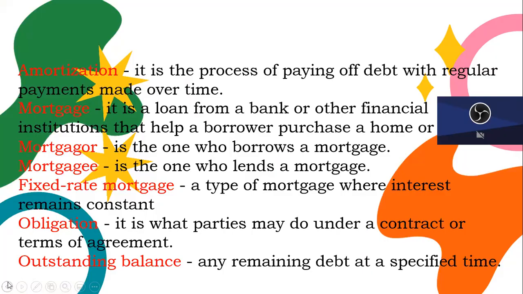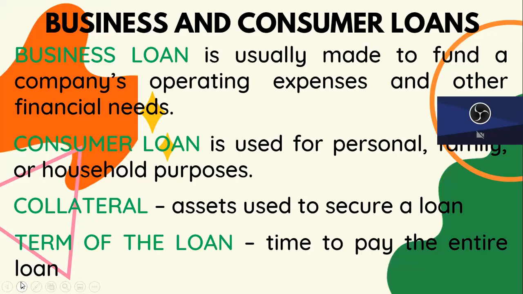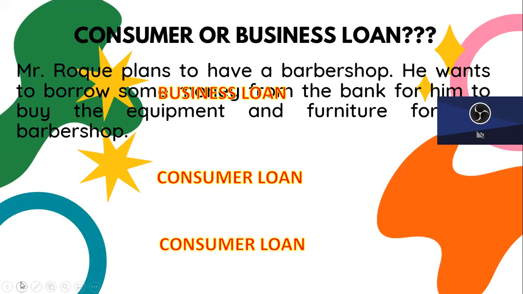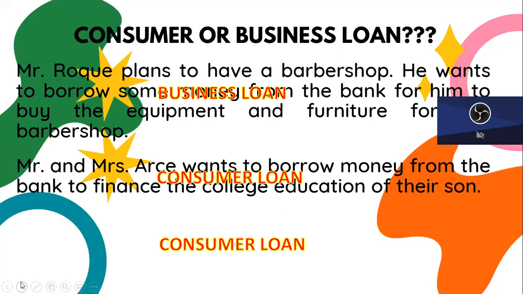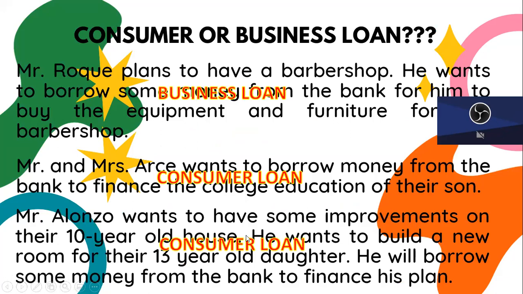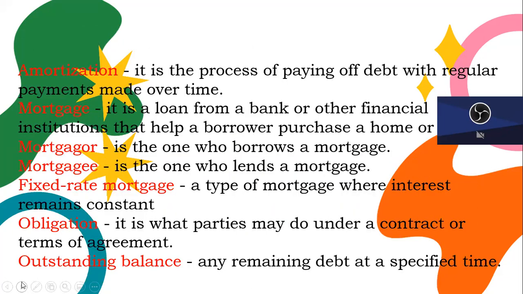Para ma-finance yung education, consumer loan po yan. And then the 10-year-old house, house improvement, again, it's an example of a consumer loan. Okay, so ganun lang natin ma-distinguish ang business and consumer.